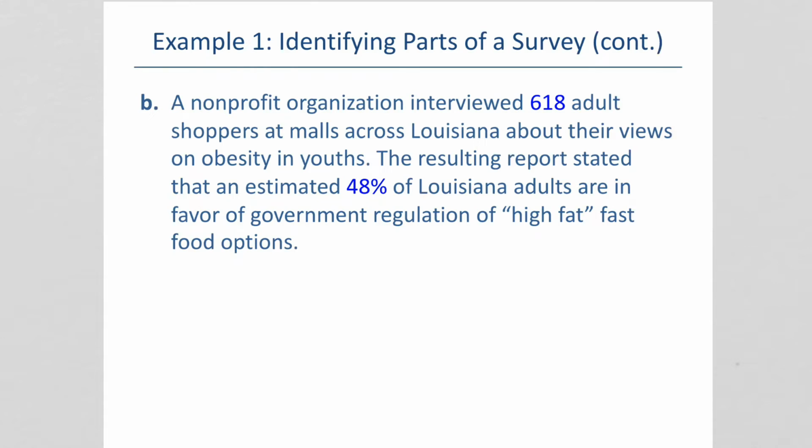A nonprofit organization interviewed 618 adult shoppers at malls across Louisiana about their views on obesity in youths. The resulting report stated that an estimated 48% of Louisiana adults are in favor of government regulation of high-fat fast food options.